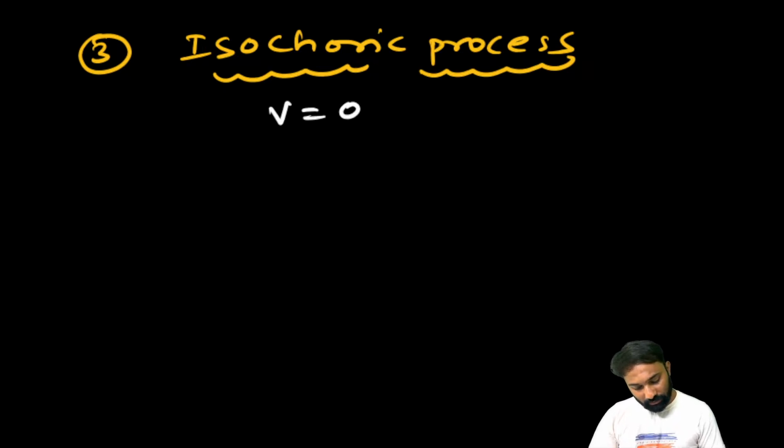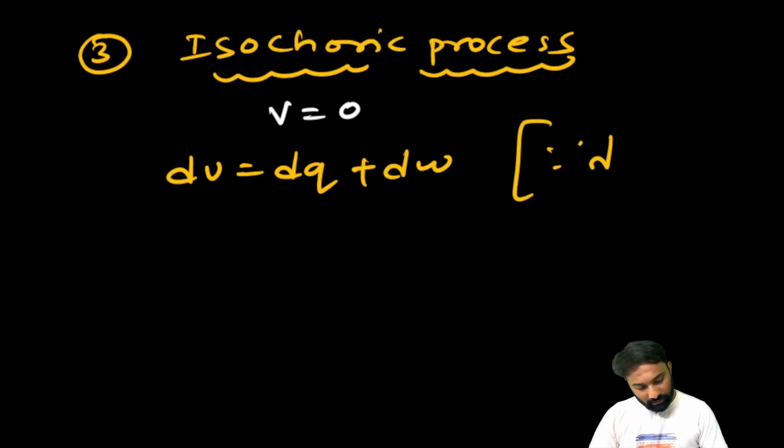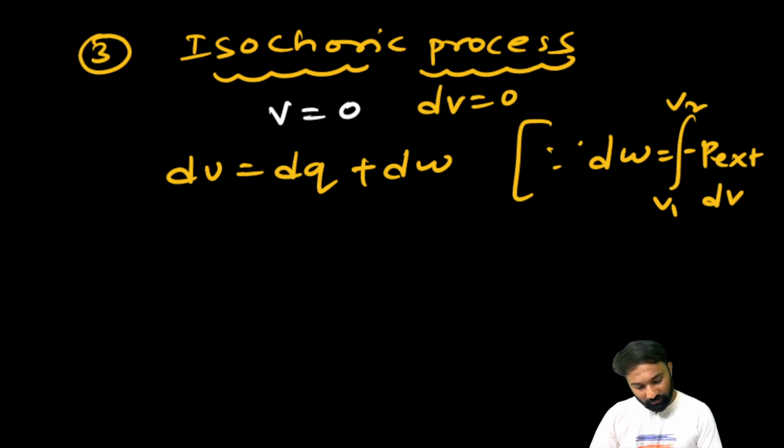In the isochoric process, if V is constant, according to the first law, dU is equal to dq plus dw, right? Now we know dw is equal to minus P external dV. Clear? Here the change in volume dV will be 0.